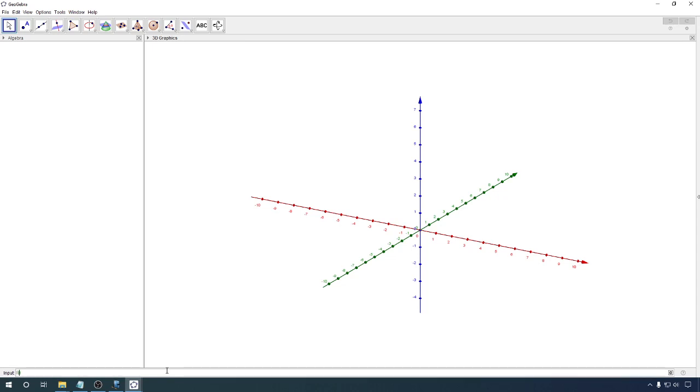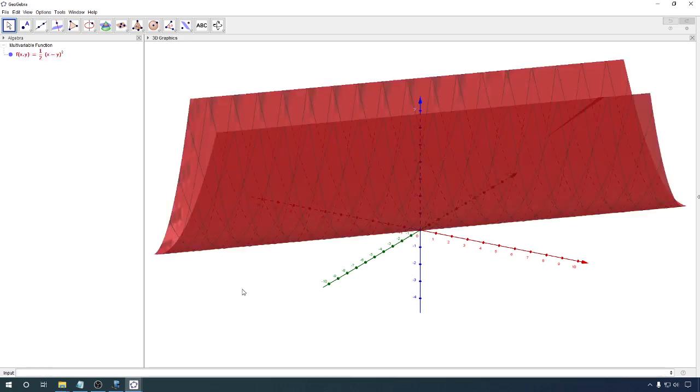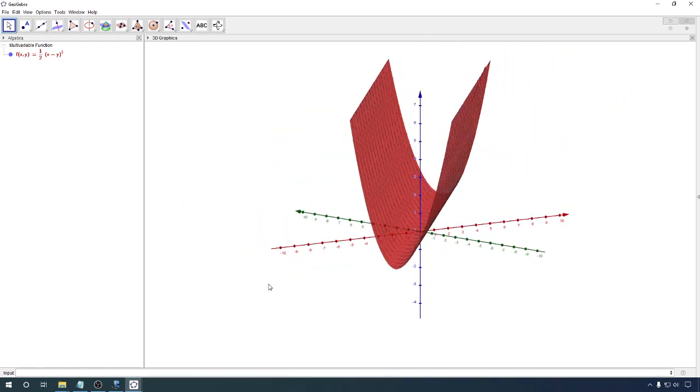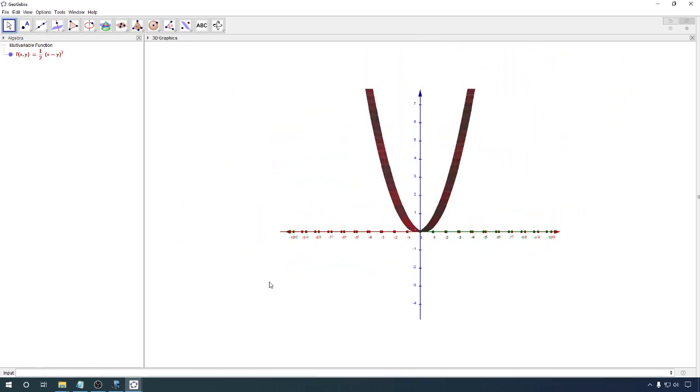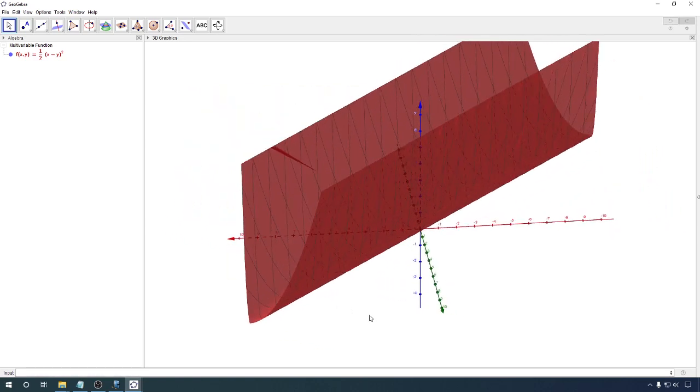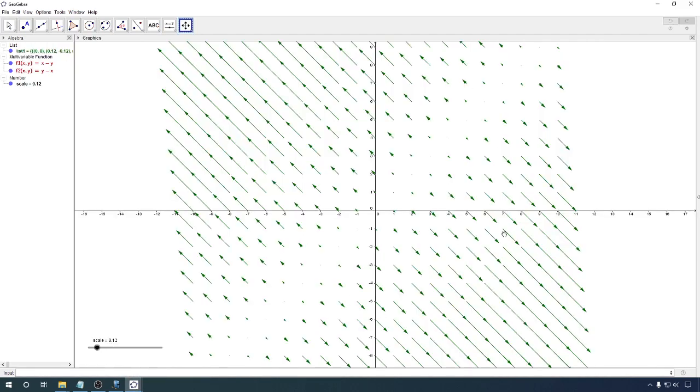Remember, our original function, f of x, y, was 1/2 (x minus y) squared. And we have exactly what we expected, a U-shaped curve, and it's actually even a parabola because we have the square there. Though maybe that was not as easy to tell from our actual vector field here.